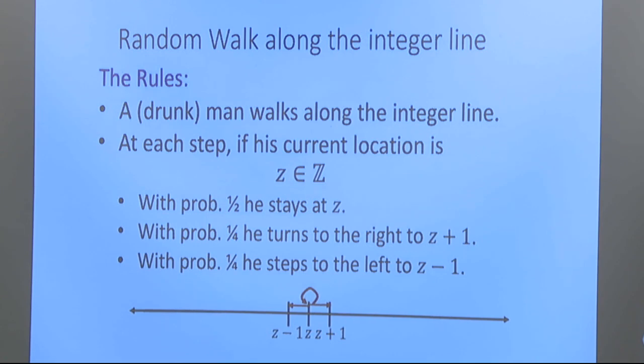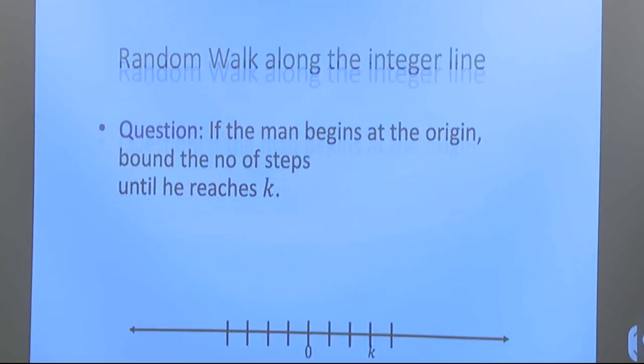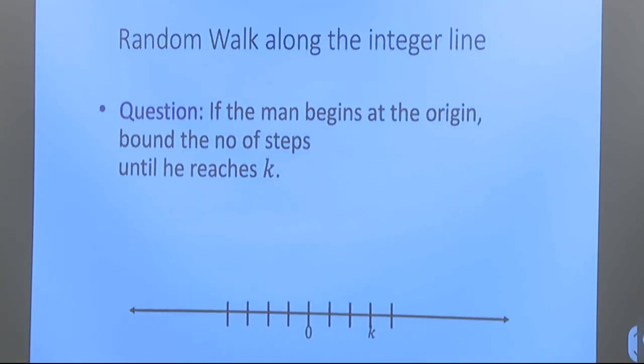I guess many of you have seen that, but if the drunk man starts at the origin, in how many steps will he get to position k?